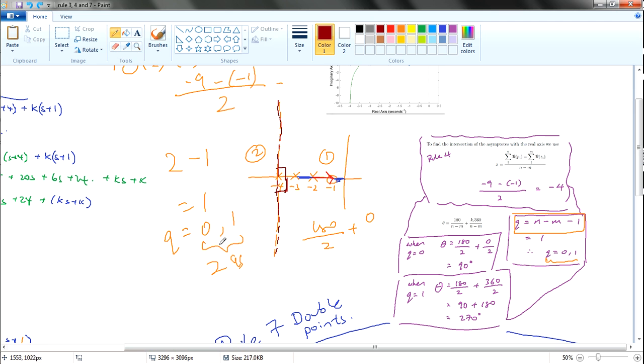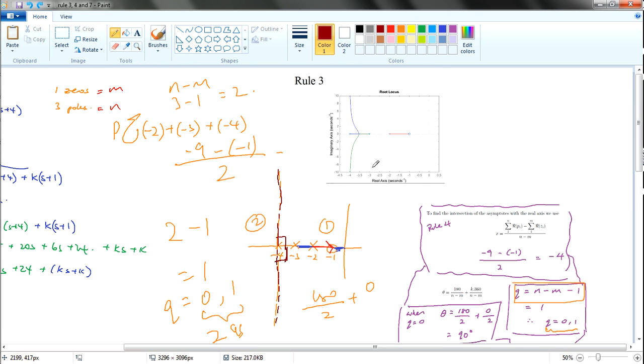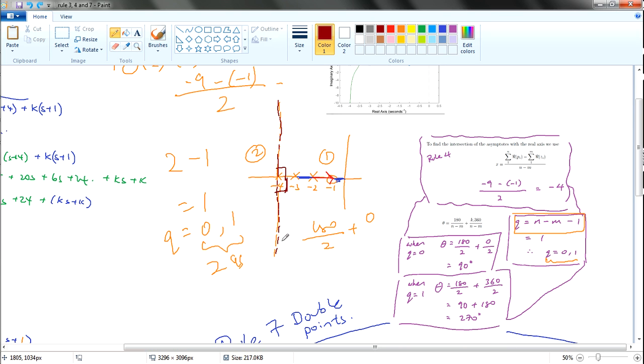Back to this case, we have only 2 asymptotes because we have two constants, 0 and 1. So this equation helps us derive how many asymptotes we have, and this one derives where the center of the asymptotes will be. Let's say we have 3 asymptotes; if this is the center of asymptotes, they will branch out from here.